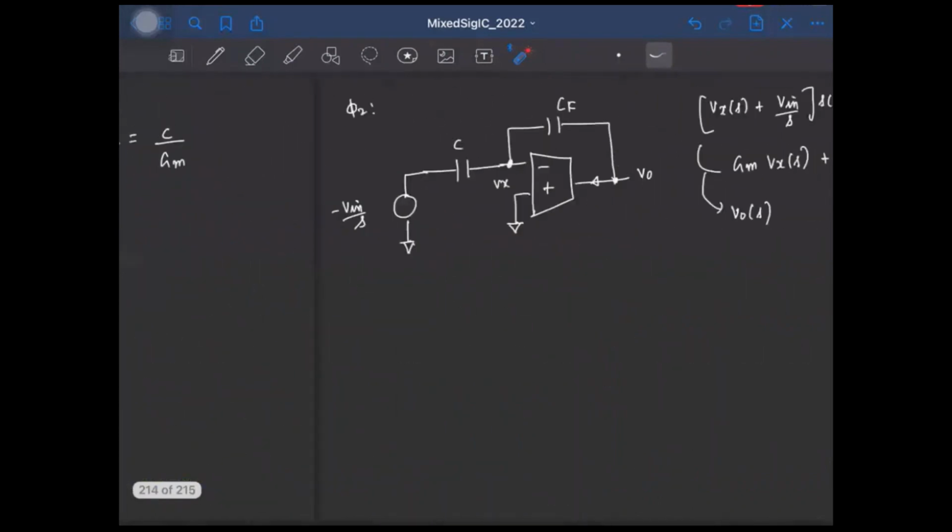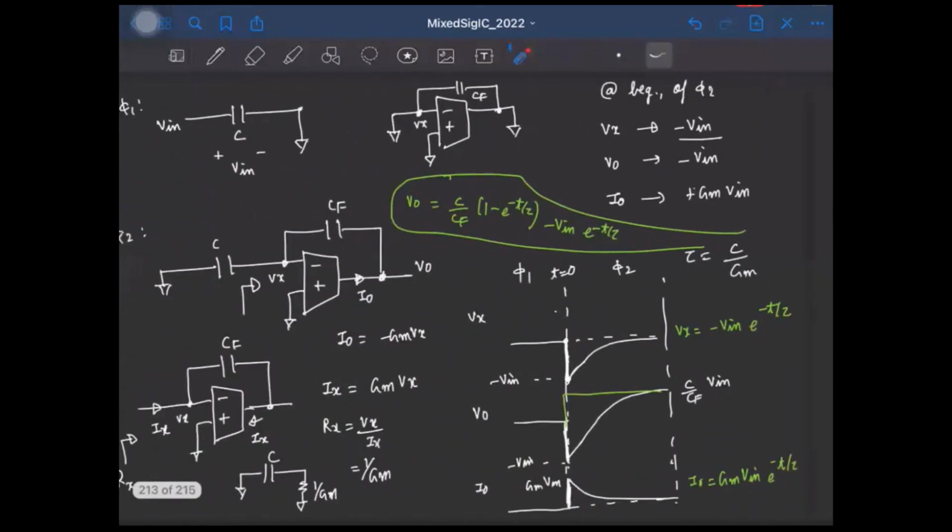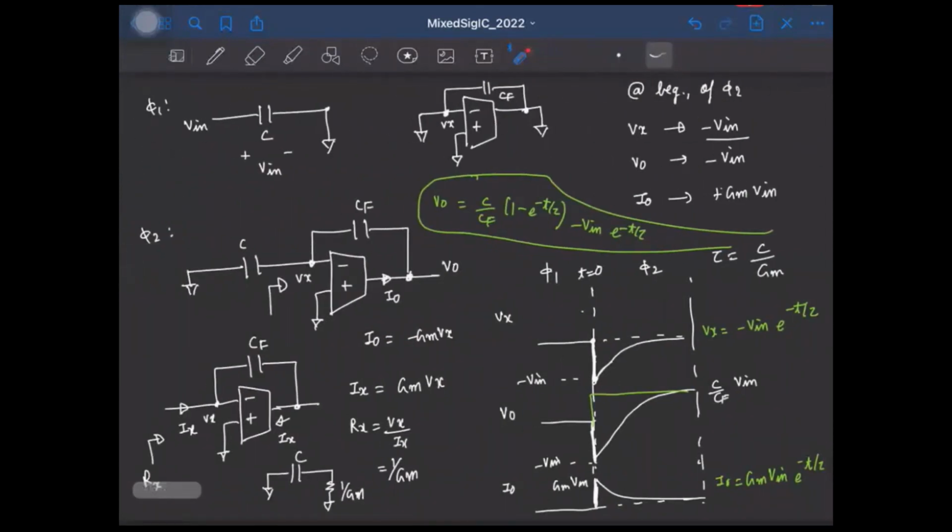Please take this as an exercise and find V0 of s, and then take the inverse transform and confirm that the output follows a profile as we expected. And from the transfer function, try to understand or try to guess why this jump is happening. Okay, so notice that this jump is happening in the opposite direction in which we actually want to go.